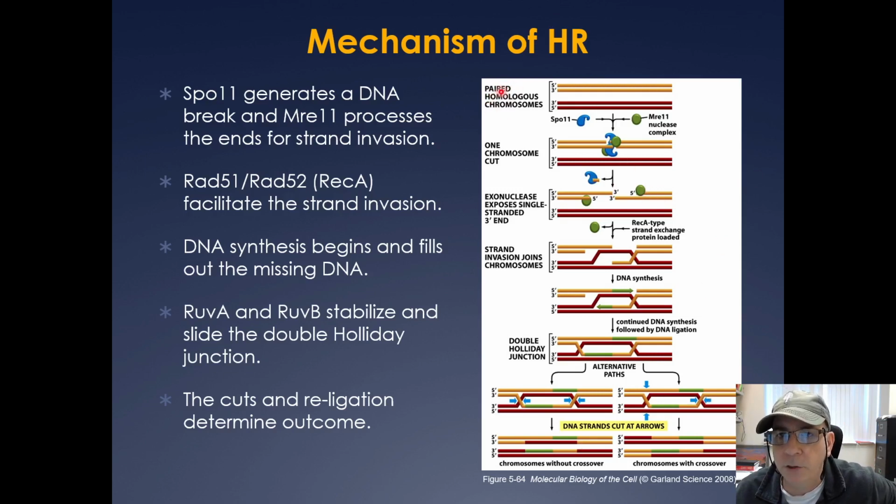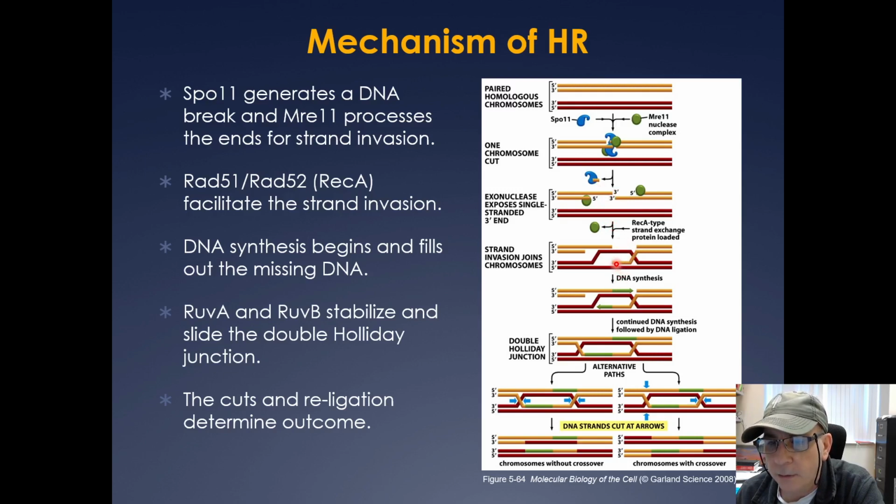You have your paired homologous chromosomes. SPO11 comes in and creates a double strand break. MRE11 is a nuclease that chews back in the 5' to 3' direction, and then RAD51 and RAD52 bind to the 3' overhangs, and that facilitates the strand invasion.